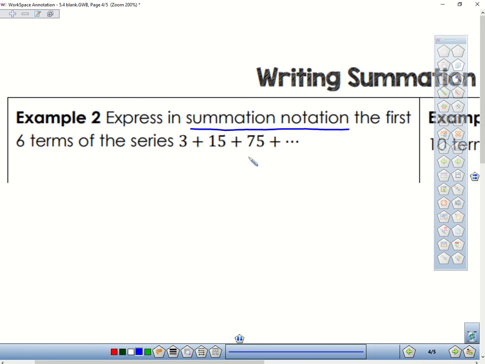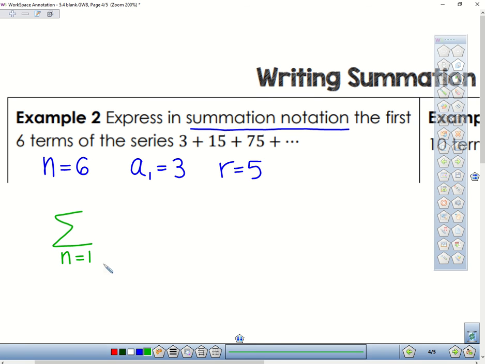So in order to get the notation, we need to know the number of terms, n. We need to know our first term, which is? Good. And then we need to know our common ratio, which is? 5, because each time 3 times 5 is 15, 15 times 5 is 75. That's where the common ratio comes from. Now that we have all that information, we're going to set up our summation. So we draw a summation. We're starting at n equals 1, so when you make your own summation, unless otherwise stated, you can always start at 1.